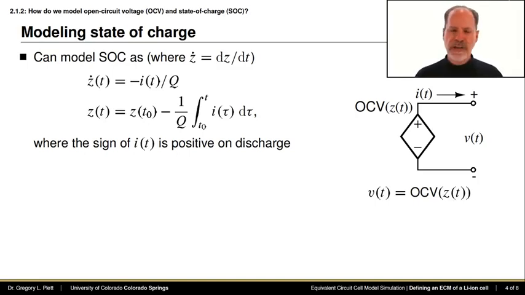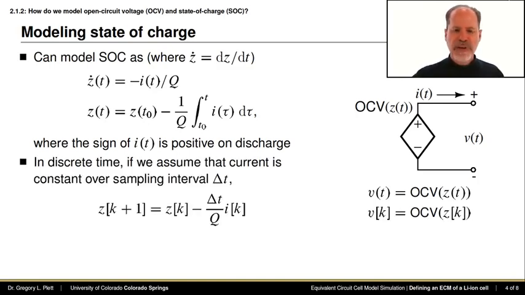And if you look at it, it says open circuit voltage as a function of state of charge. And so here, the open circuit voltage is a function of state of charge, and it gives us the possibility of modeling different voltage levels at different states of charge. And so we'll look more at this dependence in upcoming slides.